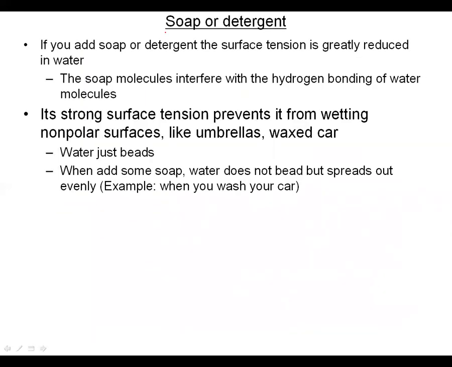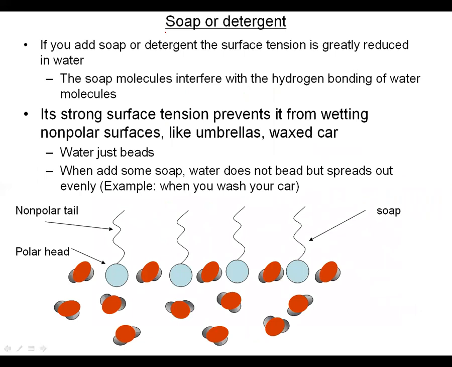And soap, for example: when we add soap or detergent, the surface tension is greatly reduced in something like water. Basically, soap is a long chain of carbons and hydrogens, even longer than I'm drawing here.